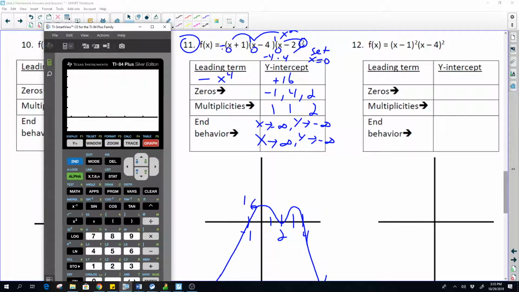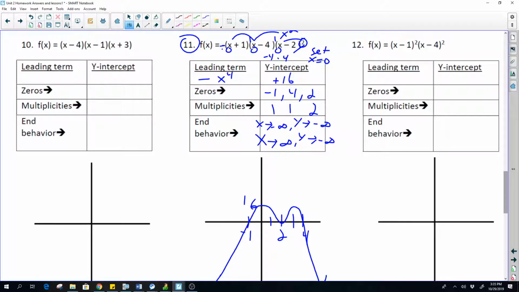So let's graph that sucker. We're going to zoom 6 it. Beautiful. As you can see, it goes all the way up to 16. It crosses through at negative 1 right there and comes up to 16. As it gets to 2, it bounces, boom, and then at 4, it crosses through. Cool. So see, we did it by hand, and we did it with the graphing calculator.